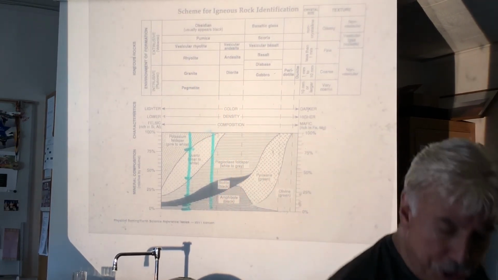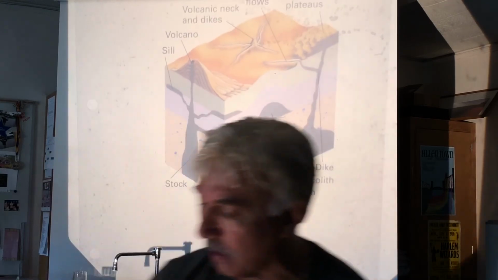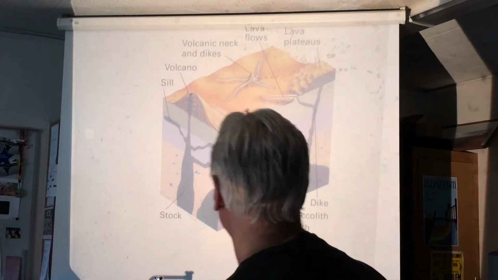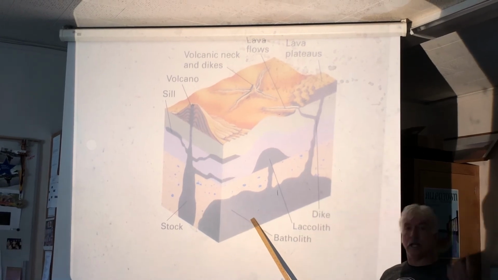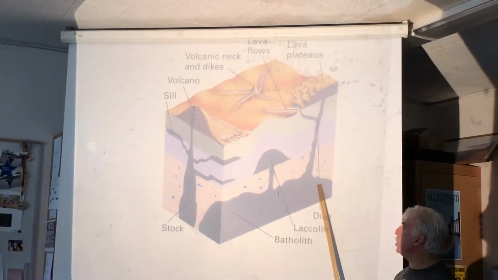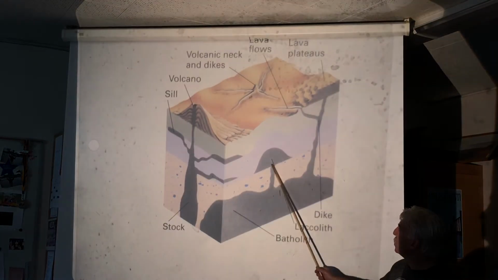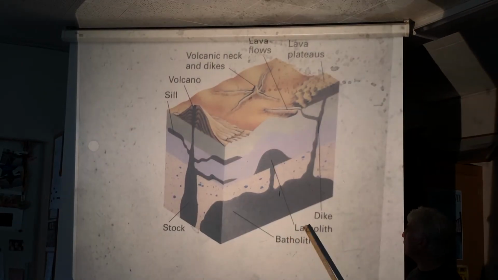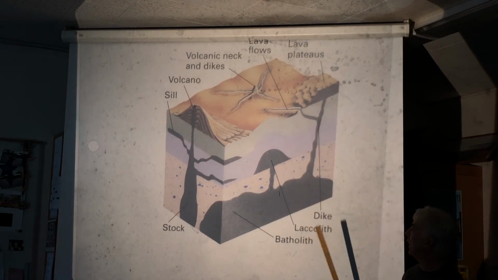Real quick, just to show you some intrusive plutons, where magma actually gets trapped in the ground. Here are some good examples of something called a stock and a batholith. In fact, the Yellowstone area is a giant batholith of magma beneath the ground. If it comes to the surface and bubbles up a little bit, it's called a laccolith. If it cross-cuts the strata, it's called a volcanic dike.